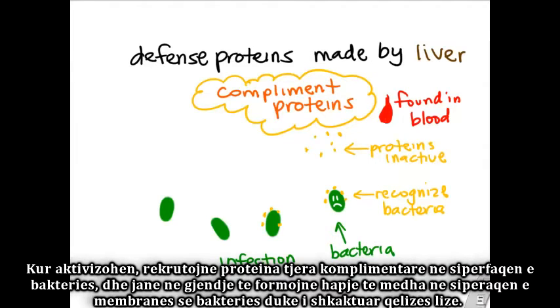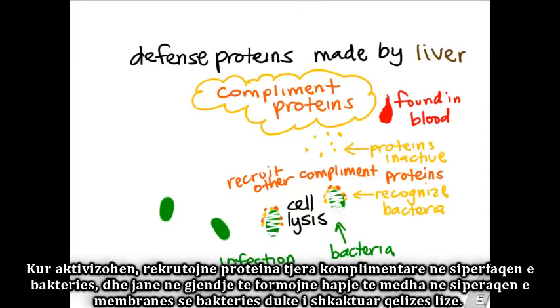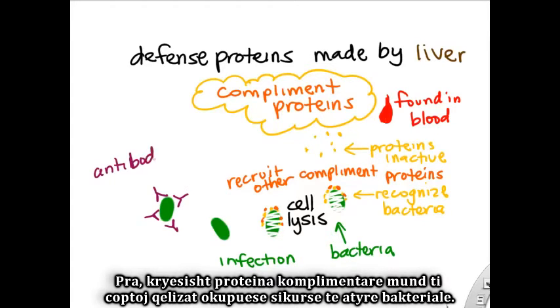When they become activated, they recruit other complement proteins to the surface of the bacteria, and they're able to create big giant openings in the bacterial membrane and cause the cell to lyse. So basically, complement proteins can break apart invading cells like bacteria.